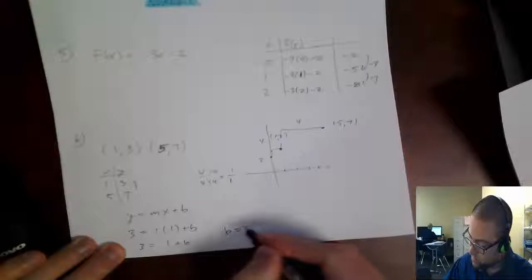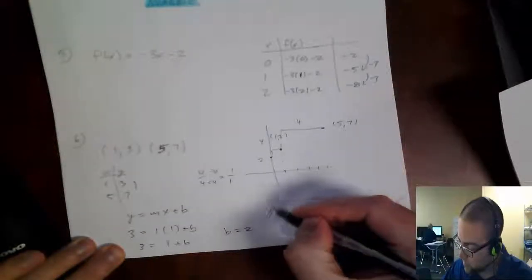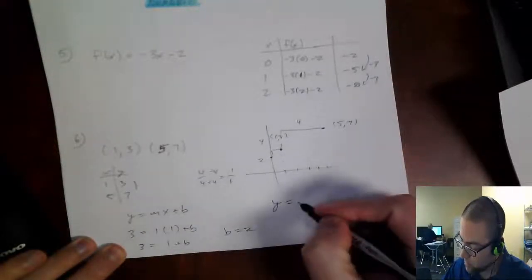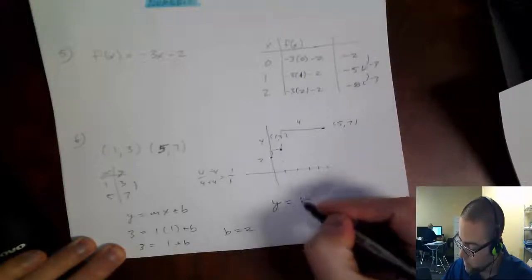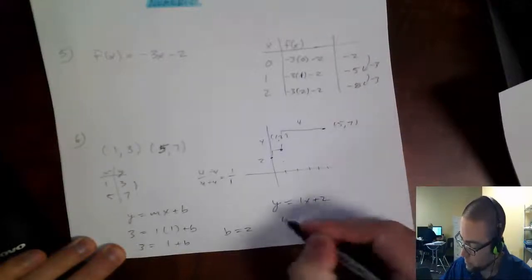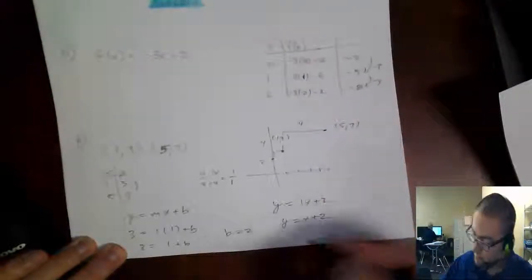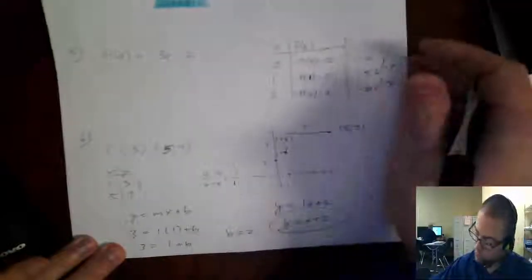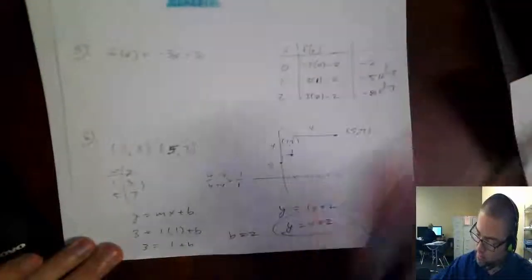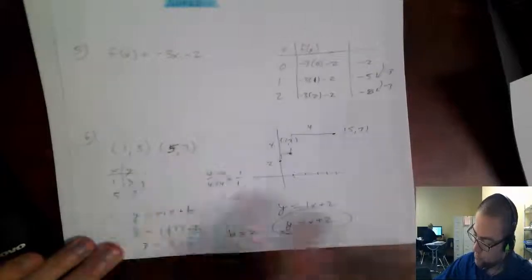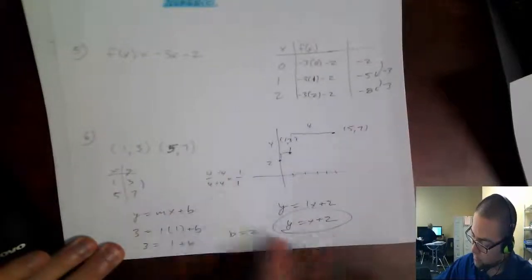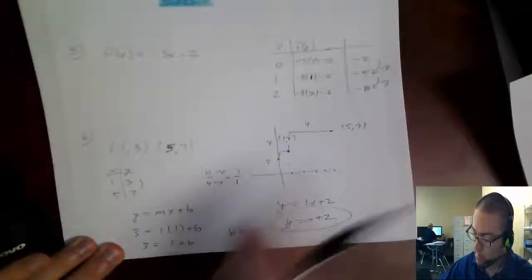So b is 2. So my equation, or my function as a symbol, would be 1x plus 2, or y equals x plus 2. And you can check to make sure that when you put in a 5, you get 7, right? When you put in a 1, you get 3. Yeah, checks out.